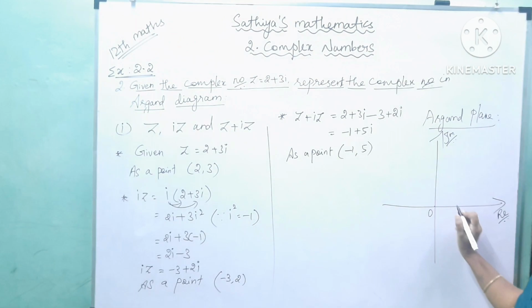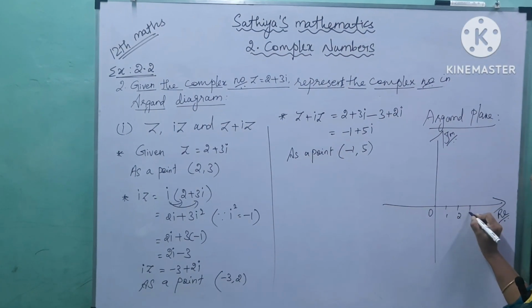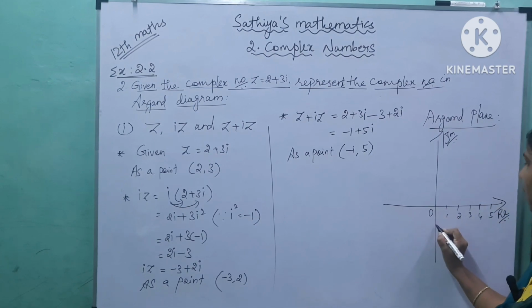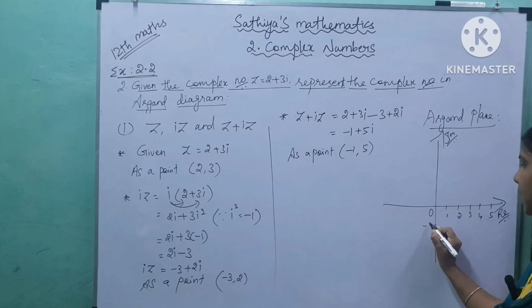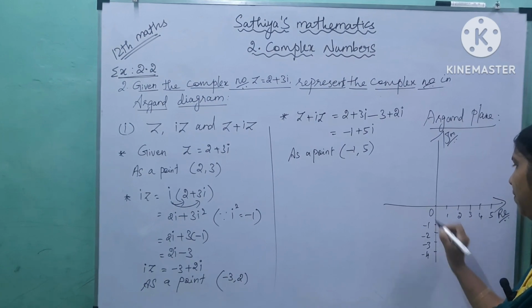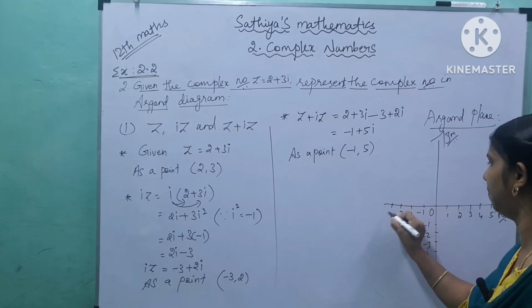As usual, we can take the points on the x and y axes: minus 1, minus 2, minus 3, minus 4. Just approximately plotting the points is enough.